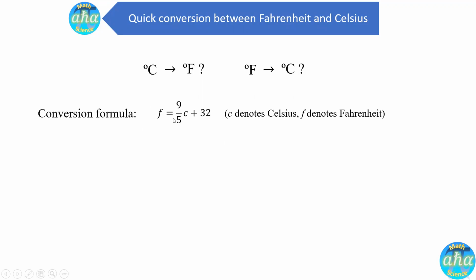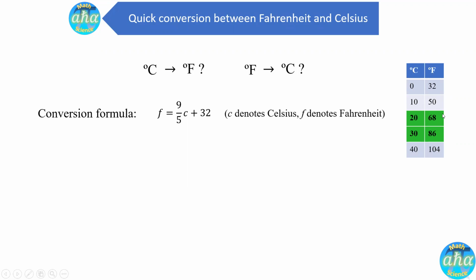Using this conversion formula, we can easily convert some of these temperatures from C to degrees Fahrenheit. For example, 0 degrees C is 32 degrees Fahrenheit, 10 degrees C is 50 F, and 20 degrees C is 68 degrees Fahrenheit. And 30 degrees C is 86 degrees Fahrenheit, 40 degrees C is 104 Fahrenheit.